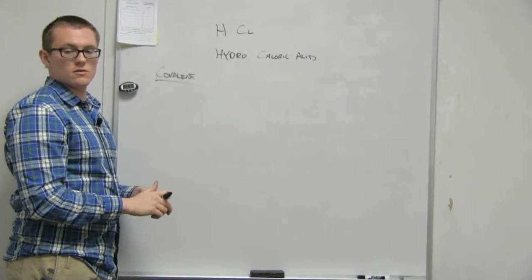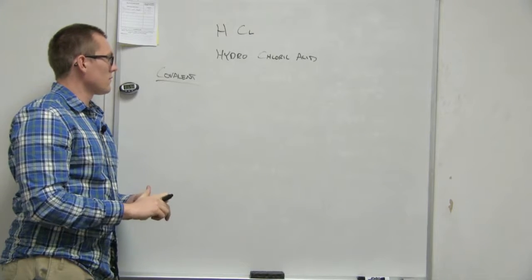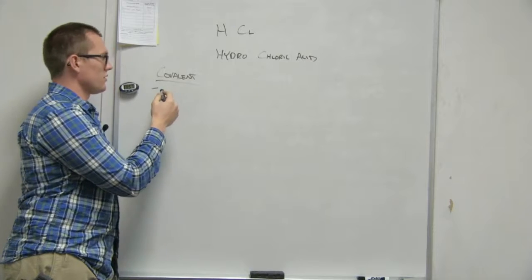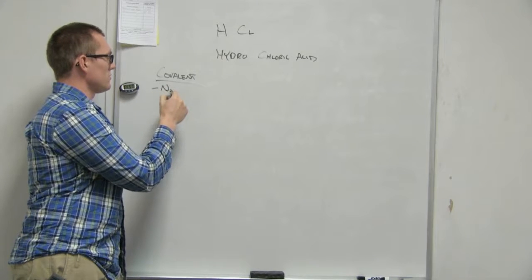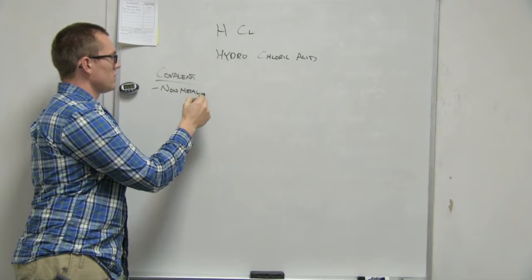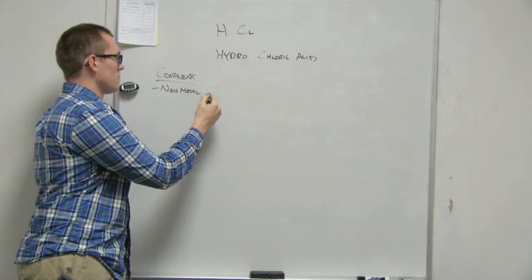So let me write these. I'm going to keep track of these rules so I can practice this at home. So covalent rules are... First of all, the definition is a nonmetal with another nonmetal. Okay.